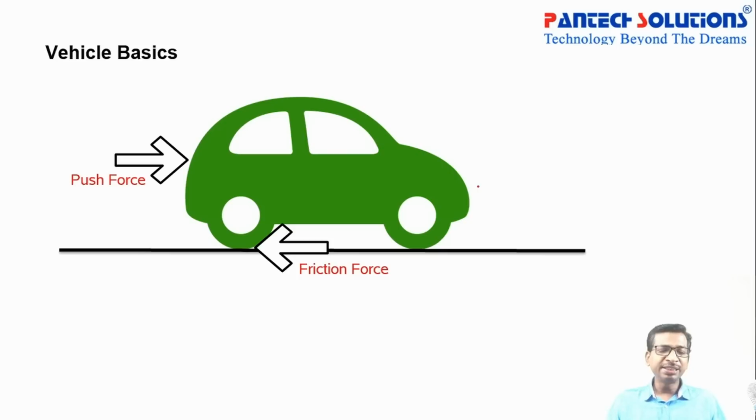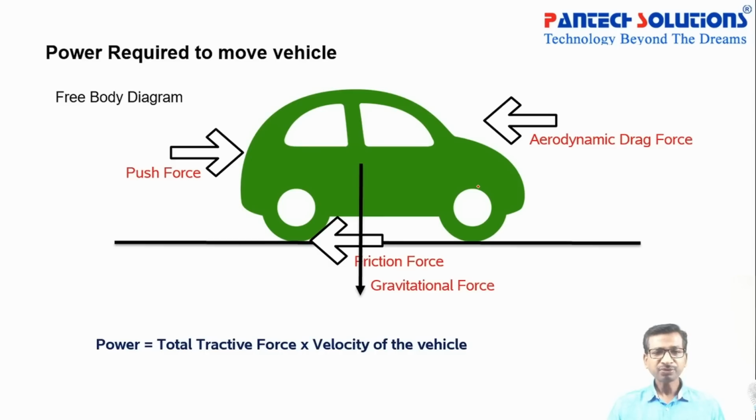So let us check in detail what all the other forces are, and how we can take care of those factors while you calculate your entire motor power. If you take this diagram, this is called a free body diagram.